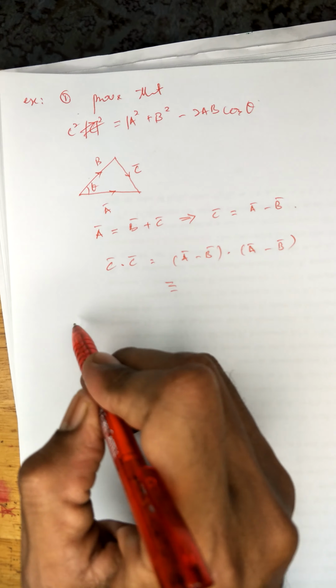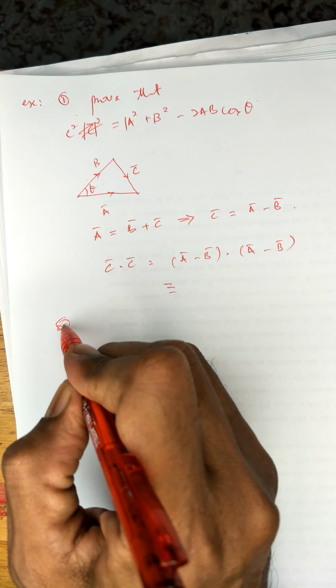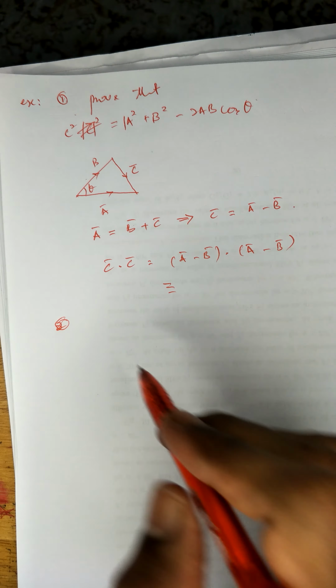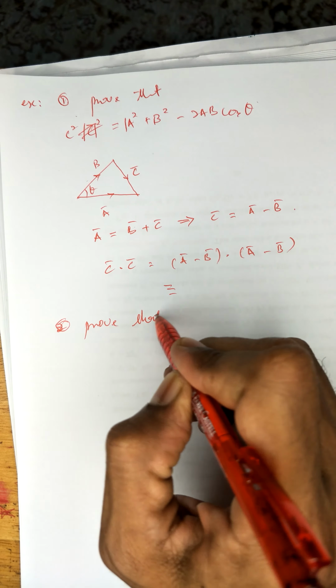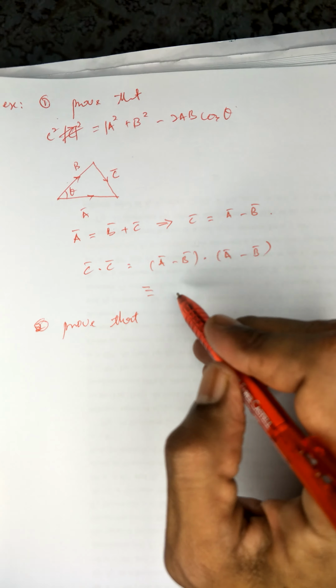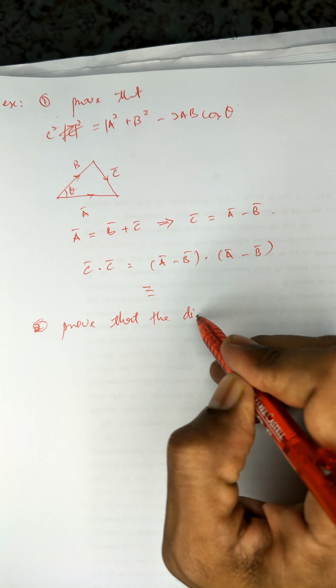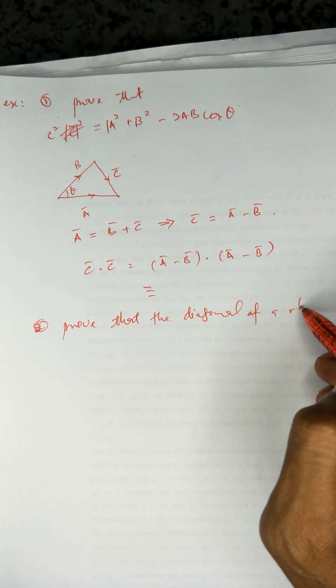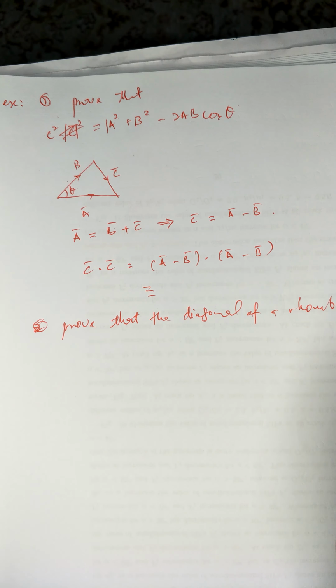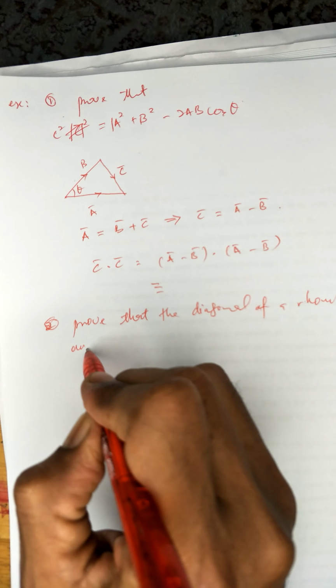Okay, and one more exercise, number 2. Prove that the diagonals of a rhombus are perpendicular.